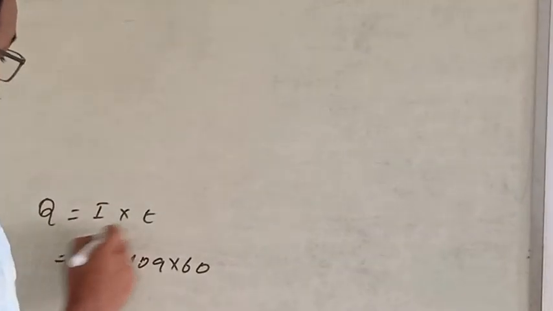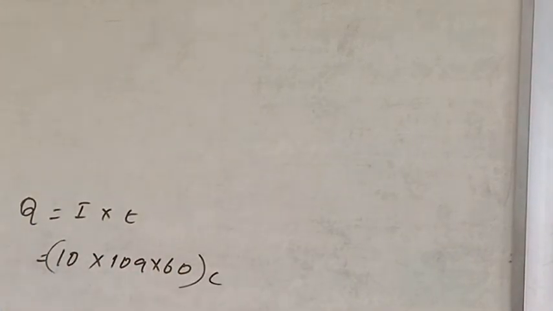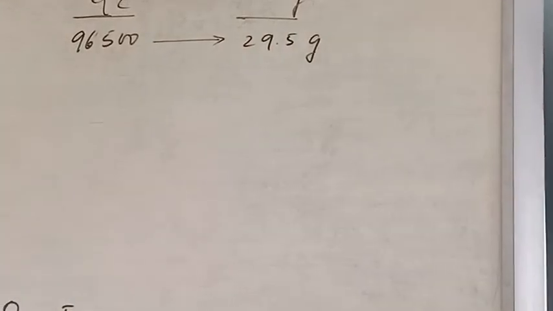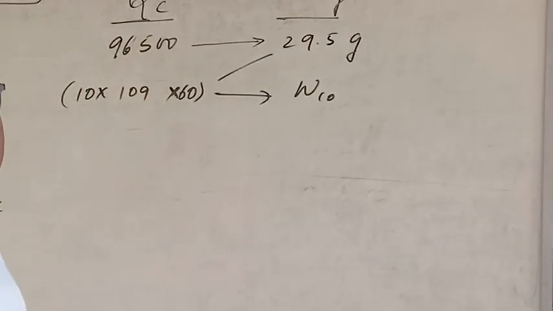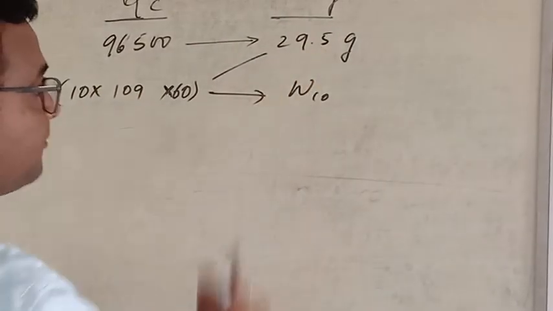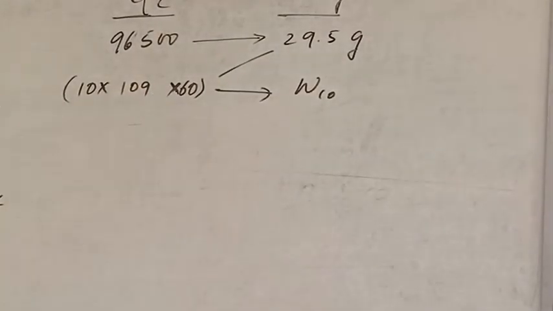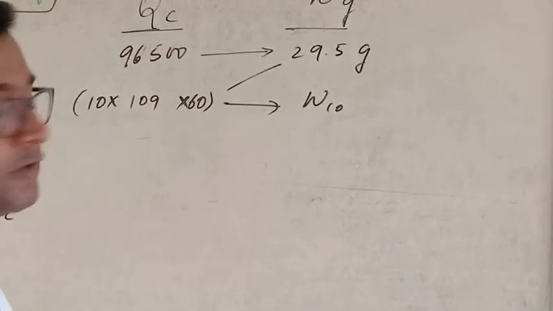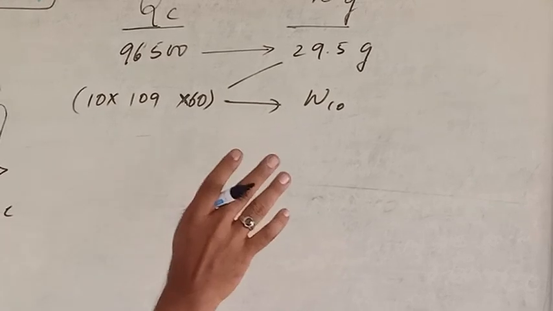The total is called the quantity of current, in coulombs. For 96,500 coulombs, 29.5 gram of cobalt is deposited. Then 10 into 109 into 60 coulombs in total. We can simplify later. So don't simplify two times, only simplify in a single step.